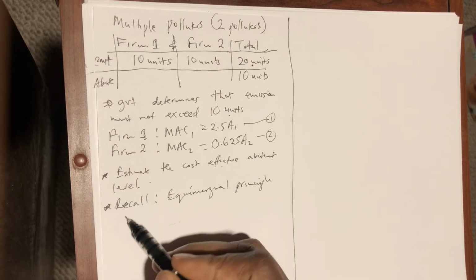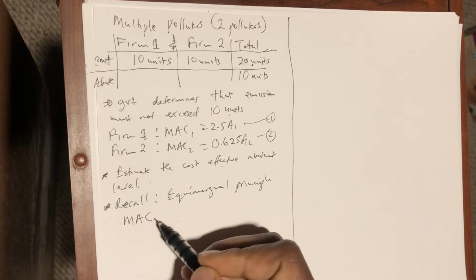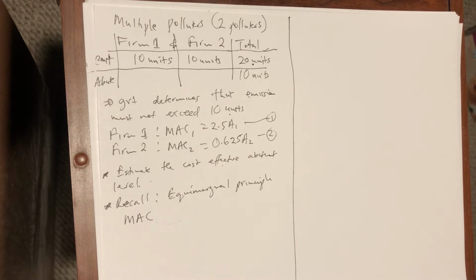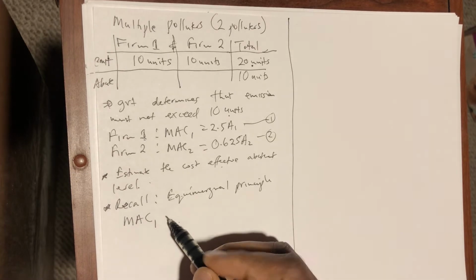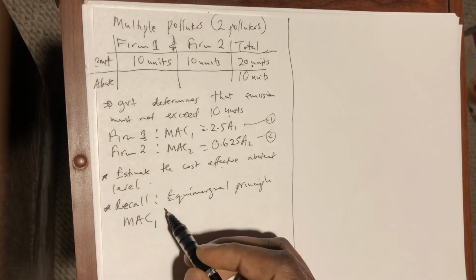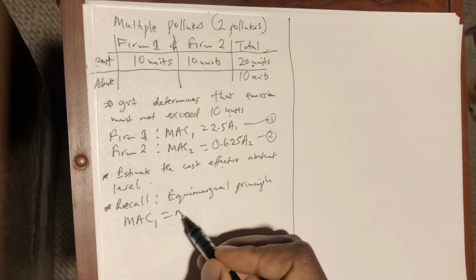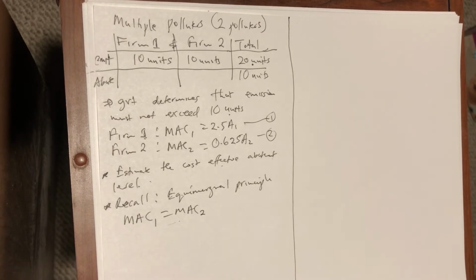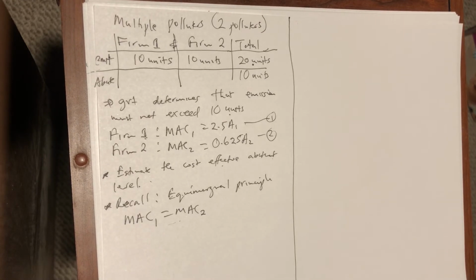We said the marginal abatement cost for all the polluters should be equal, or if we are talking about regions, for all the regions should be equal. So in this case, marginal abatement cost for FEM1 should be equal to marginal abatement cost for FEM2. That's the equimarginal principle that should hold for cost-effective criteria, right?